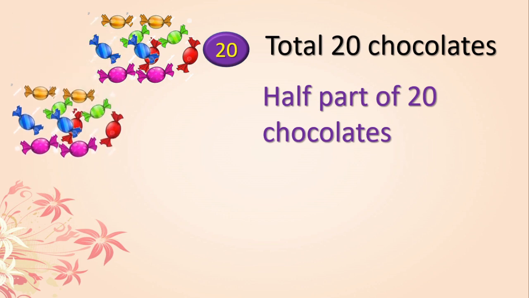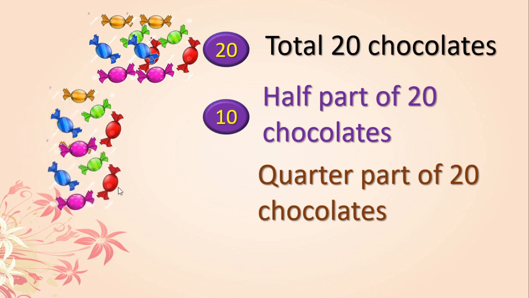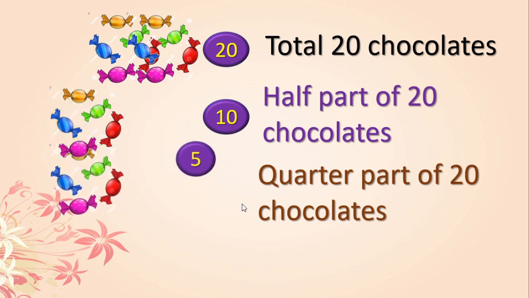Correct? Yes. I will bring this 10 down. This is 10 chocolates, because that is half of 20. Now, one more thing, the quarter part of 20 chocolates is how much? Yes, half of half. We will bring 5 down, isn't it? 5 chocolates are nothing but the quarter part of 20 chocolates.